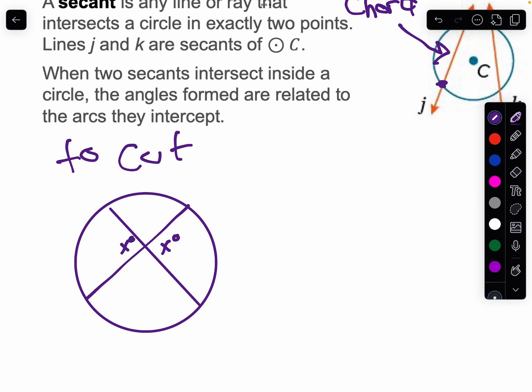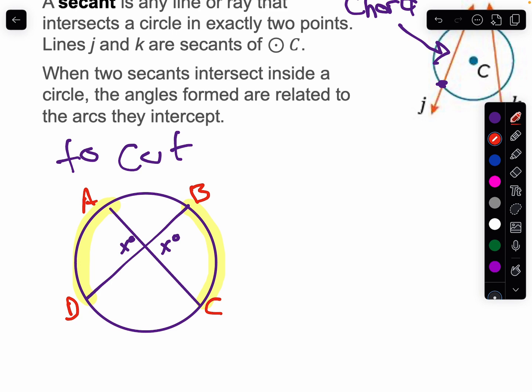Because they're going to be the same. And they intercept 2 of my arcs. I think I'll label those so we can understand what we're talking about. So let's go A, B, C, and D.